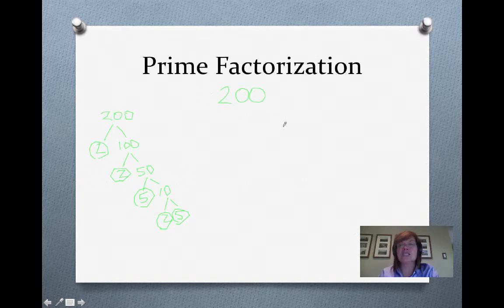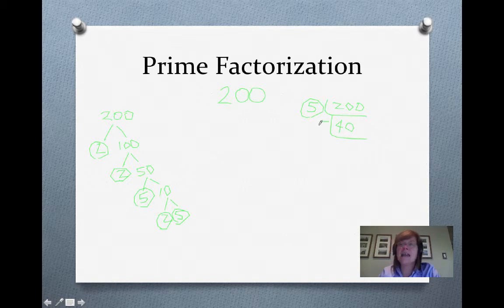All right, let's do it using a ladder this time. We'll start here with 200, make our first rung, and this time, let's use a different set of factors to get us going. But remember, we always have to have a prime factor on the outside of the rung. Let's start with 5. I know that 5 times 40 equals 200. 5's a prime factor, so we'll keep going.